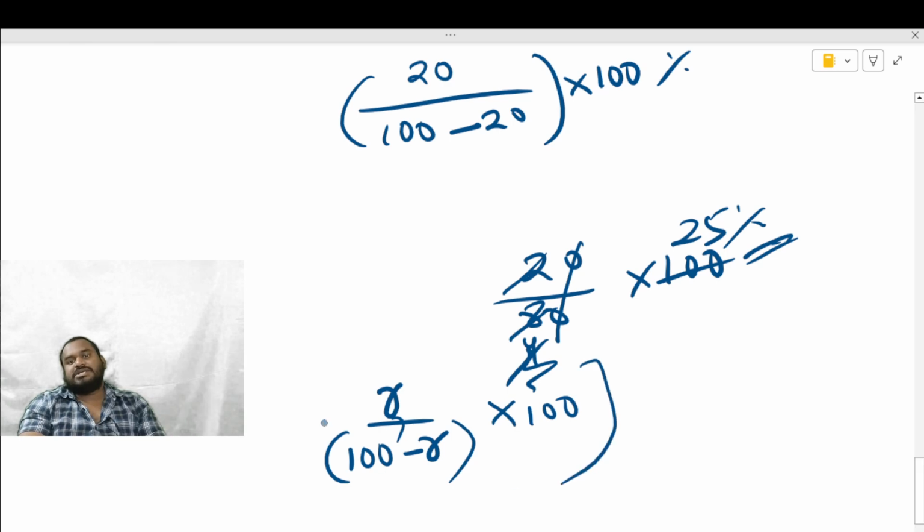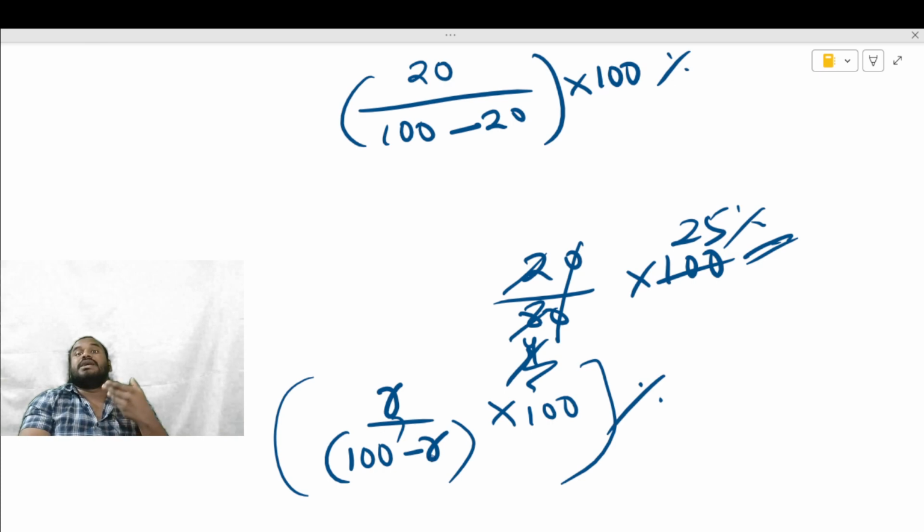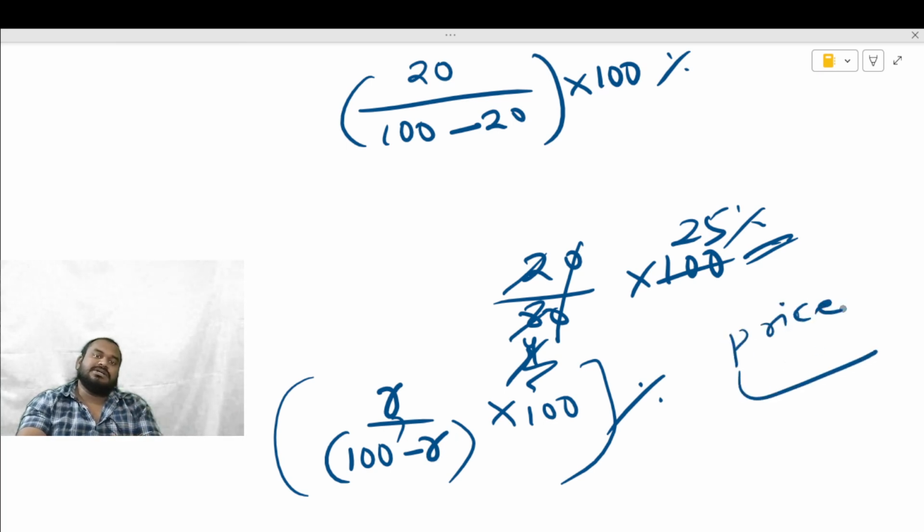This is the percentage value, whatever we are getting in percentage. Since the denominator has minus R, it means increase in consumption. Consumption is increasing means price is decreasing. This is for price decrease. Price decrease means consumption increase.